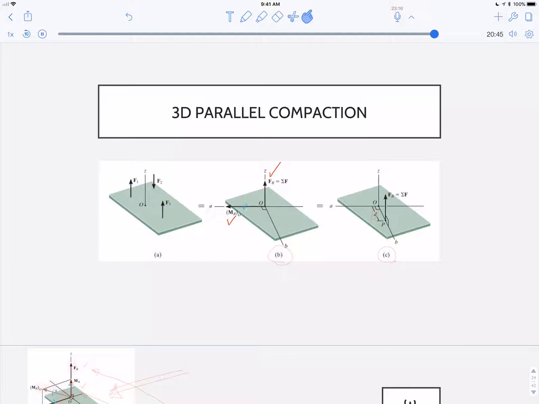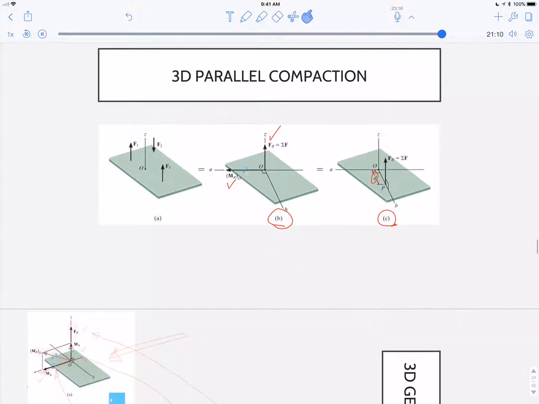Well, we want to get rid of that moment. We want to represent that just as a force times a distance, and you do the same thing. You move it a distance d away from the point O, perpendicular to that axis, and this here in C will have the same effect as a moment and a force at point O, here drawn in B.